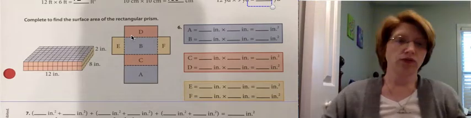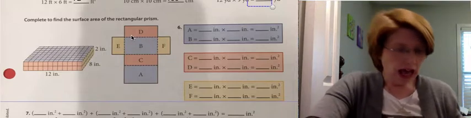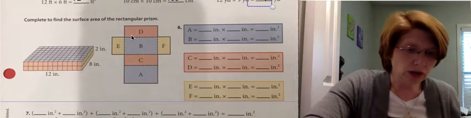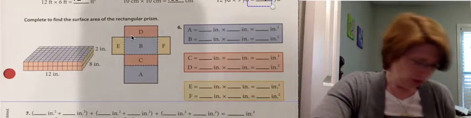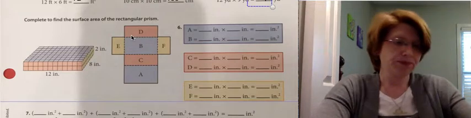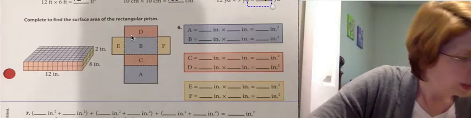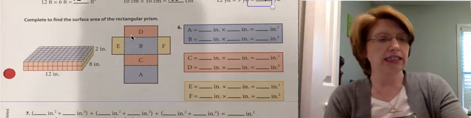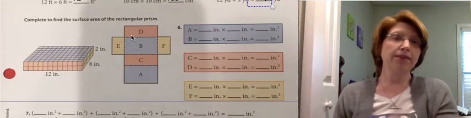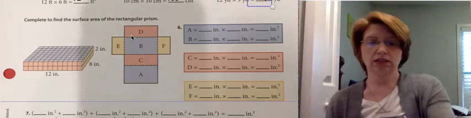Okay? So for mine, if I were to find the area of A, I would, in inches, want to find the length, which is 10. And then I want to find the width, which is 7. And I would do 10 times 7, which is 70. And A and B would both be 70. So I would have two 70s.